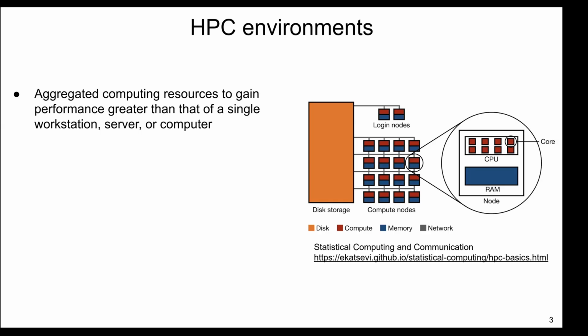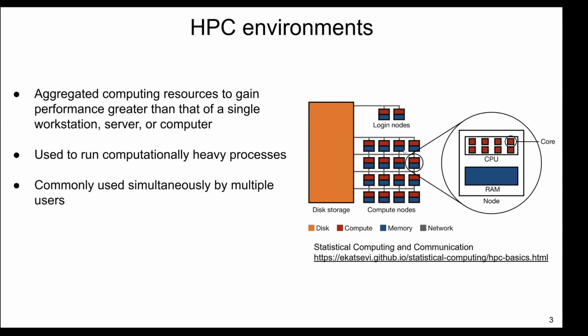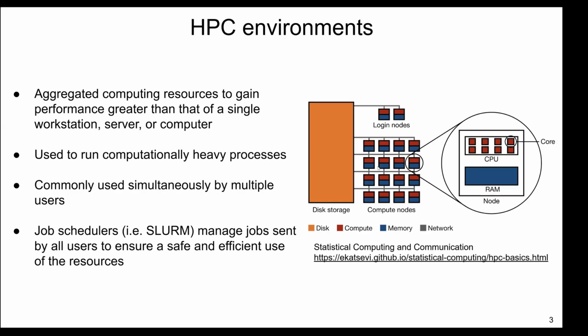Each compute node usually has a lot of CPUs and a lot of RAM. So it's very efficient to run computationally heavy processes, and it can also be used simultaneously by multiple users, which is what you will do in the next few minutes on the server.